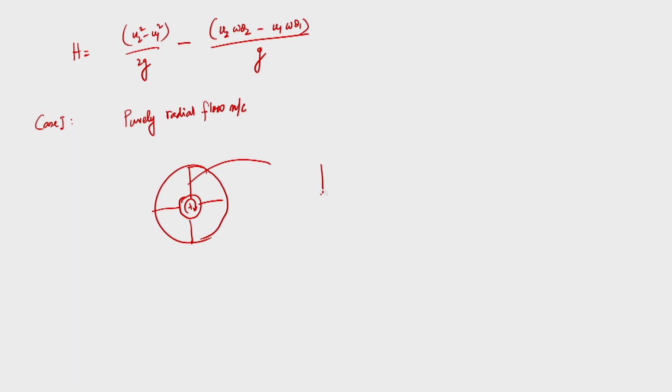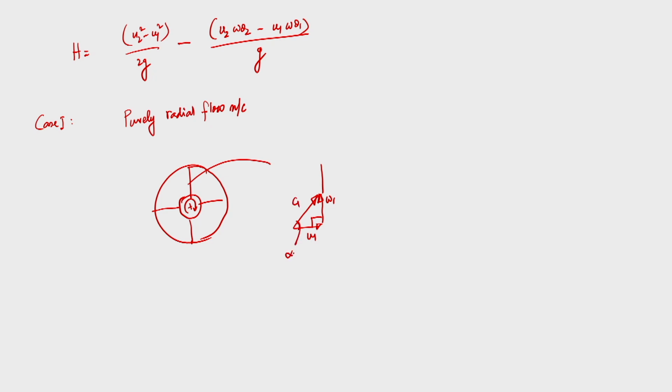For the purely radial flow machine, this is U1, this is W1, this is C1, and this angle is 90 degrees.